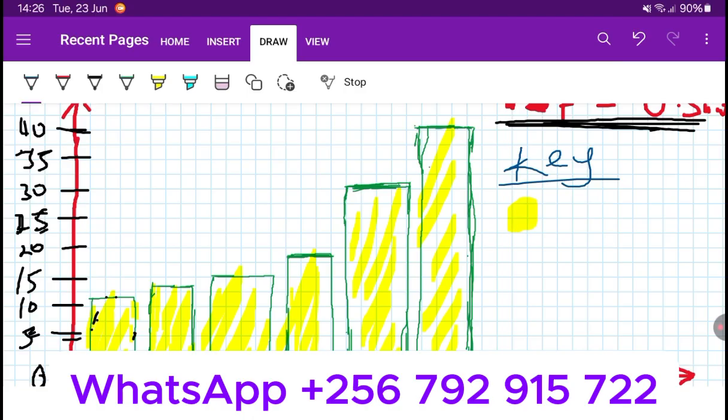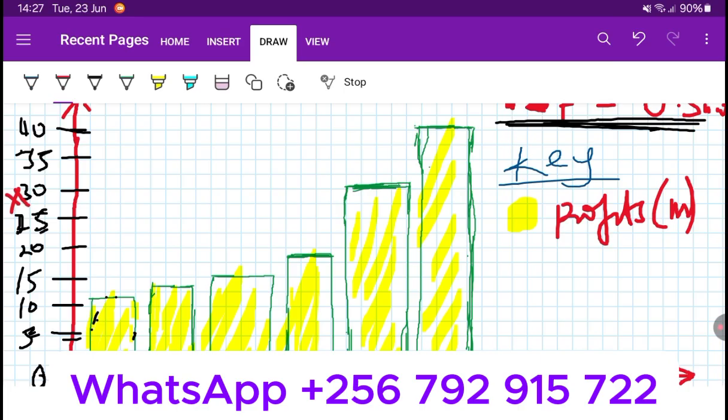You can just put profits in millions. Millions of shillings. Meaning this side you will not name. You will not put the name, you will just plot it like that, then you put the key like that. That's one way.